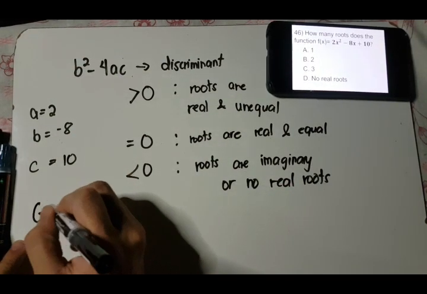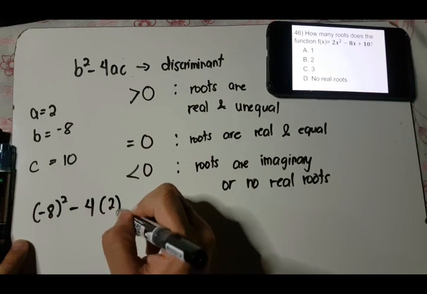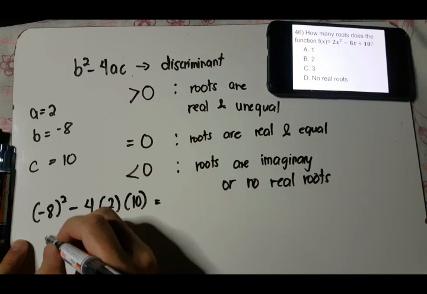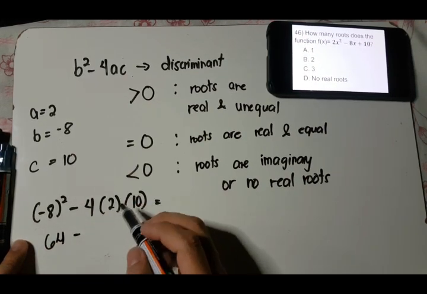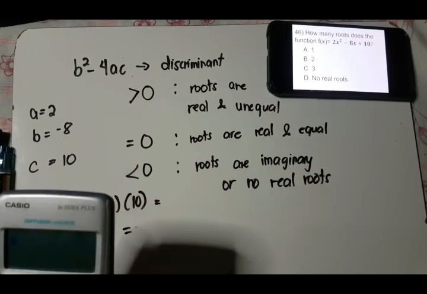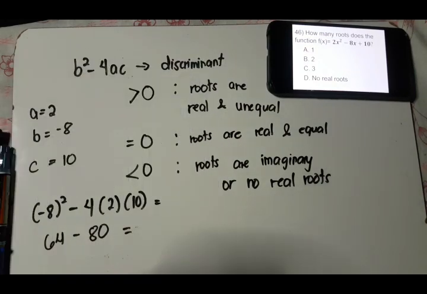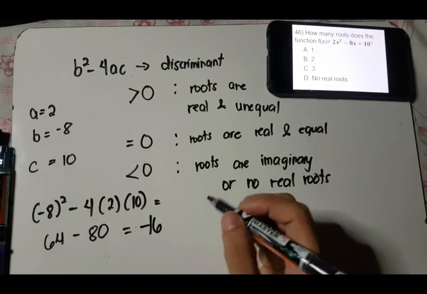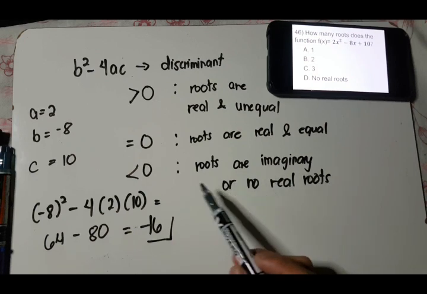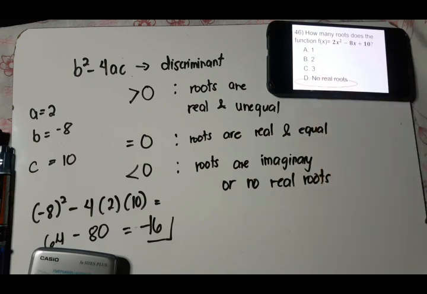So, negative 8 squared minus 4, A is 2, C is 10. So, negative 8 squared, 64. So, 4 times 2 is 8 times 10, that is 80. So, 64 minus 80, that is negative 16. So, nakuha natin is less than 0 or negative value. So, meaning, ang roots nito are imaginary or no real roots. So, answer here is letter D.